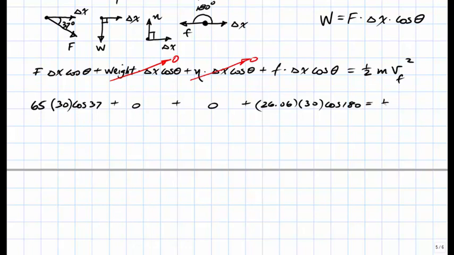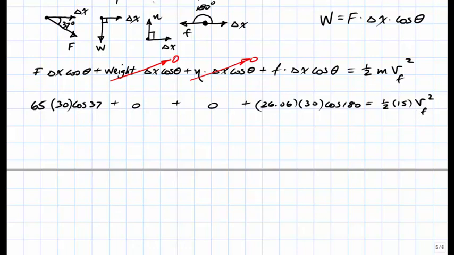On the right-hand side, we have 1/2 the mass of the block, 15, times the final velocity squared, and you will note that the only unknown in this equation is the final velocity, which means we can determine the final velocity.